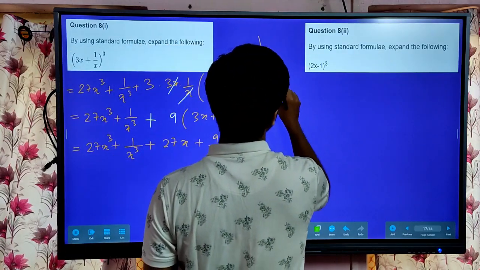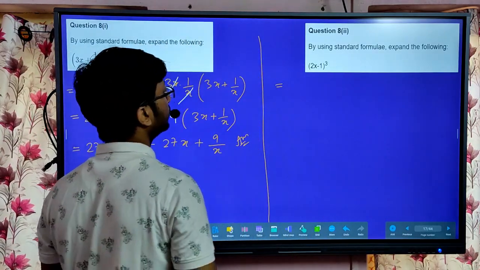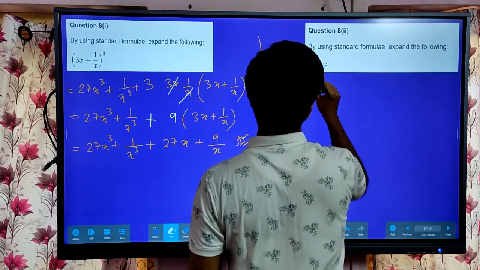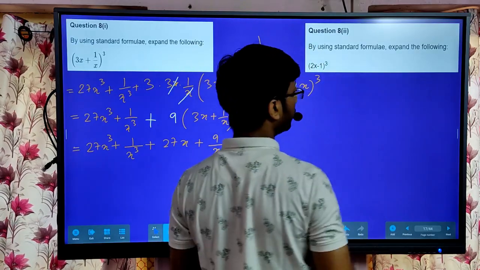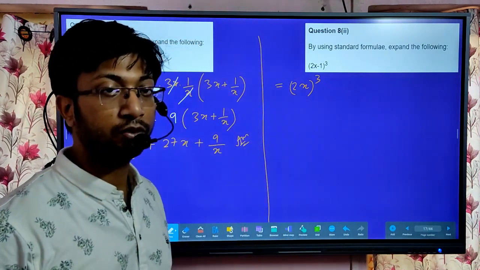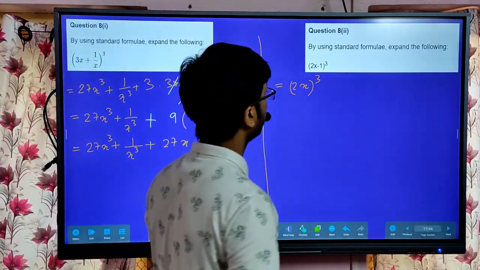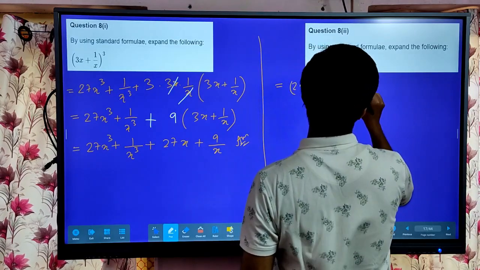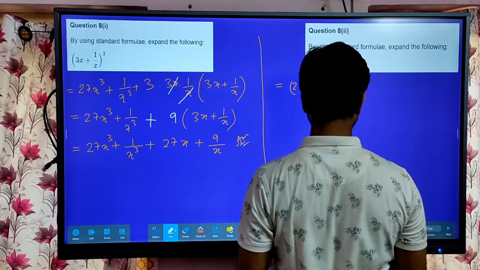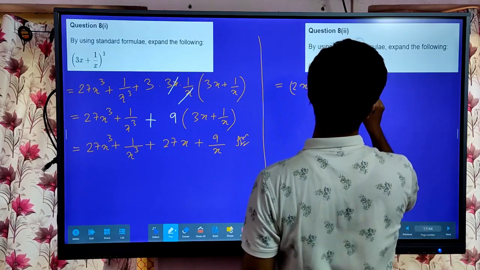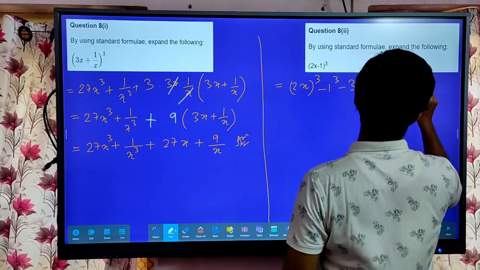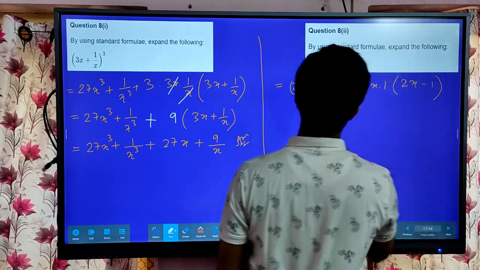This is a minus b whole cube. Next question. A minus b whole cube means a cube minus b cube minus 3ab into a minus b. Here a is 2x, b is 1. So this is the formula.